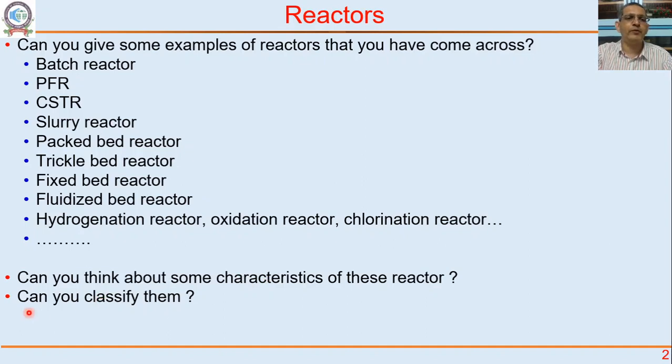Next point I would like you to think about is, can you classify them? Classify means, can you segregate them into different categories based on the characteristics that you have written? When I say classify, I mean club different reactors which have similar characteristics together, put them under one column, if you like.